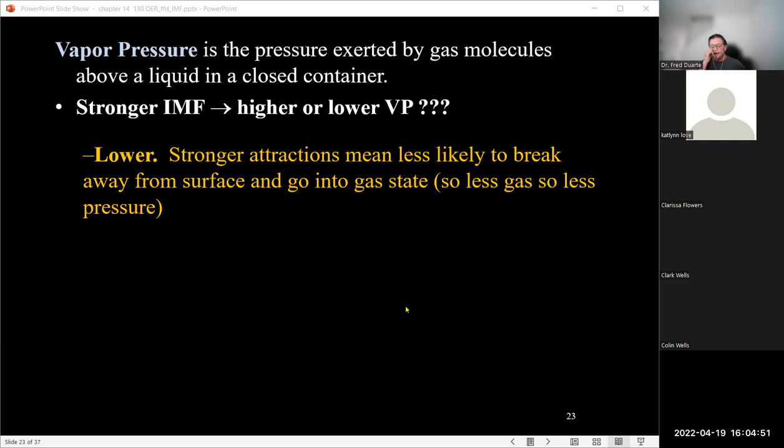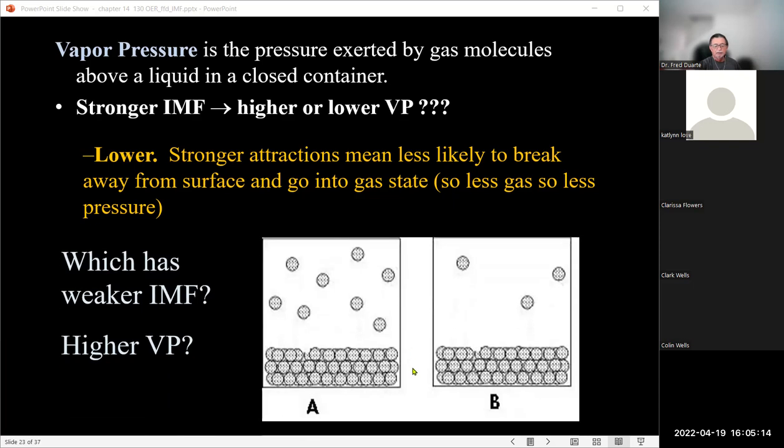Think about that for a second. A strong IMF in the liquid phase will have a lower vapor pressure. Why is that? Because the molecules in the liquid phase will be held on to each other much greater than others. So fewer molecules of gas will go into the air.